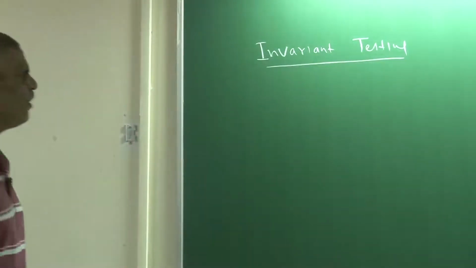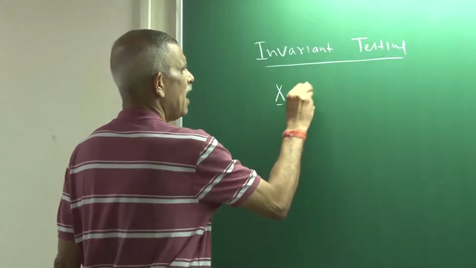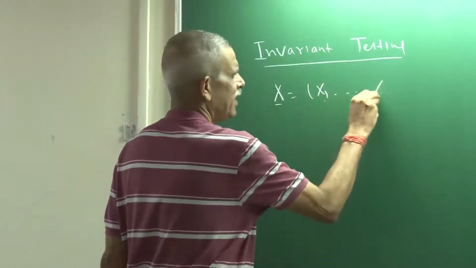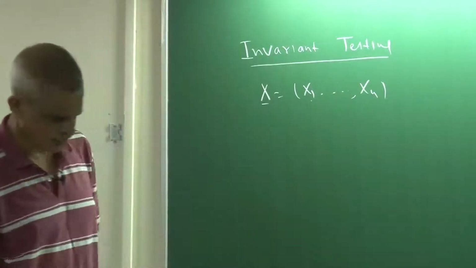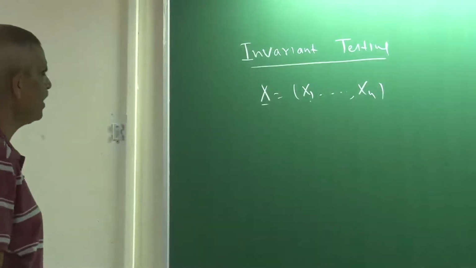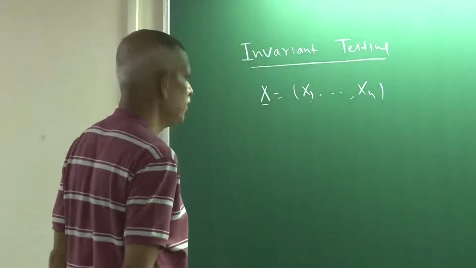So the problem is as follows. I have data which could be a random sample or even dependent. You can have a dependent structure where X1, X2, ..., Xn need not be independent.